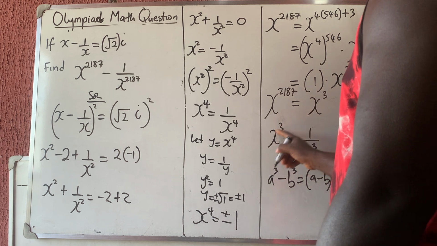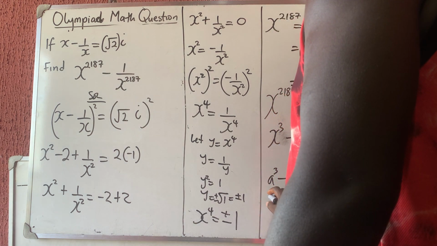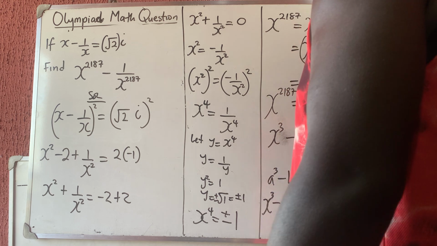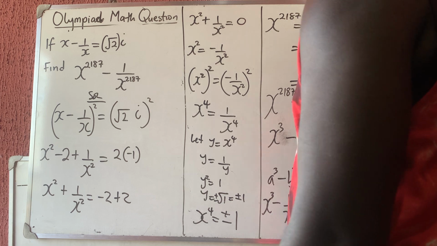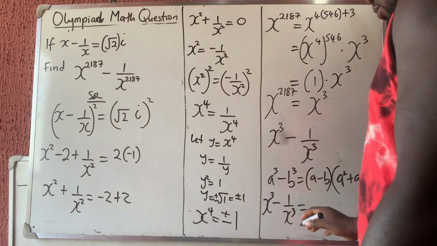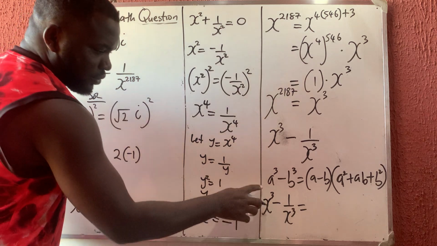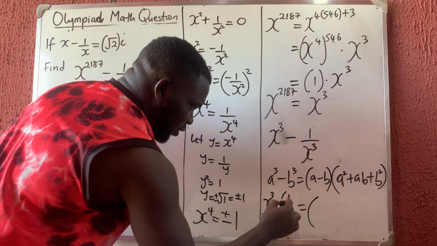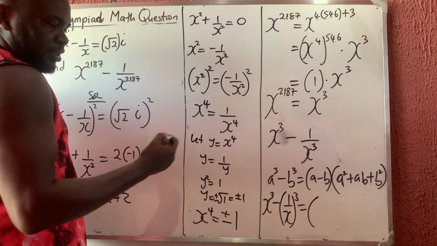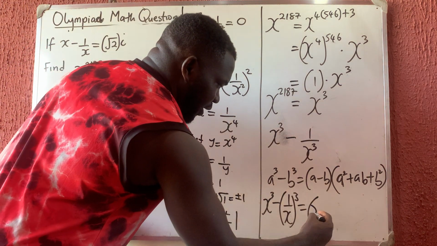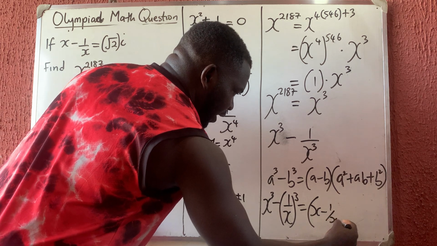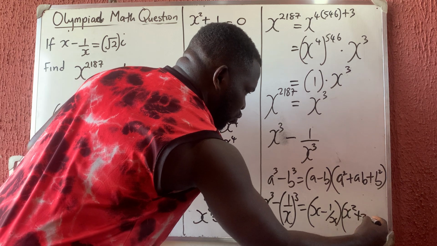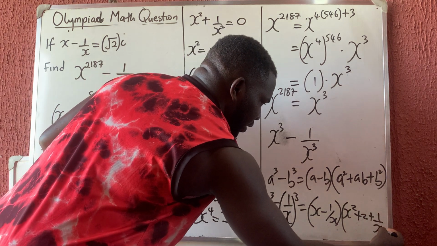So if we apply this here, x raised to power 3 minus 1 over x raised to power 3 is equal to x minus 1 over x into x squared plus 2 plus 1 over x squared.